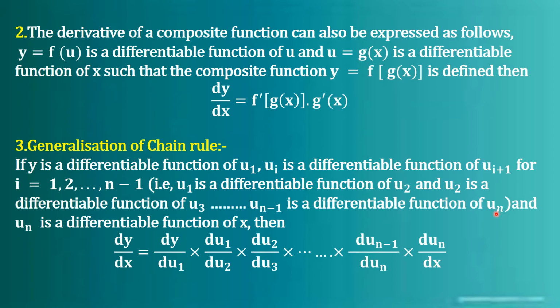Means n functions are considered, out of which the last, un, is directly given as a function of x, and then dy by dx is given by, first we will differentiate y with respect to u1, then u1 with respect to u2, u2 with respect to u3 etc., dun minus 1 upon dun into dun upon dx, because un is the direct function of x.